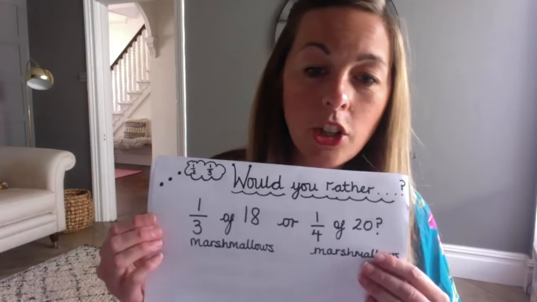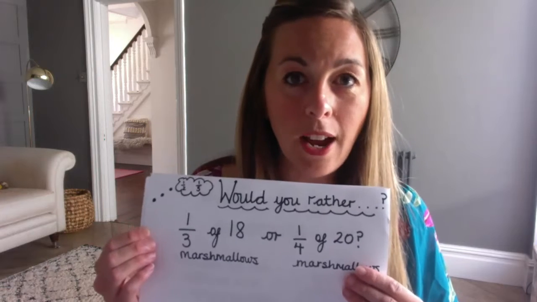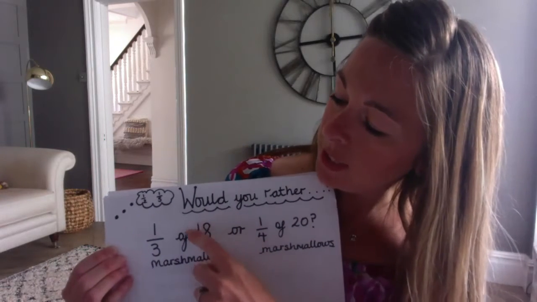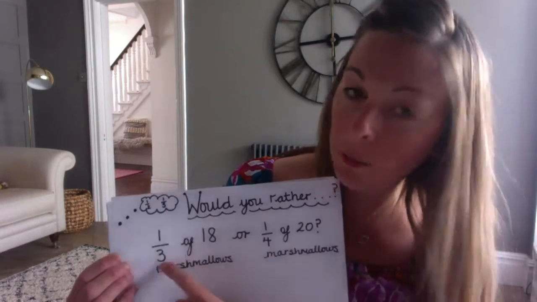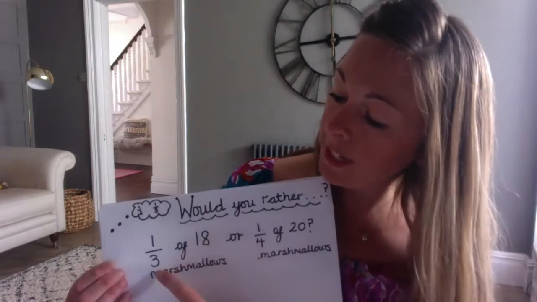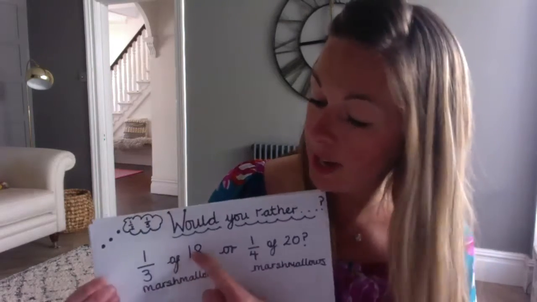So the first thing I'm going to do is look at this fraction, 1/3 of 18. What is that actually asking me to do? All you need to do is get the whole big number here, which is 18, and divide it by the denominator, which is 3. So 18 divided by 3. Another way of saying that is how many 3s are in 18.